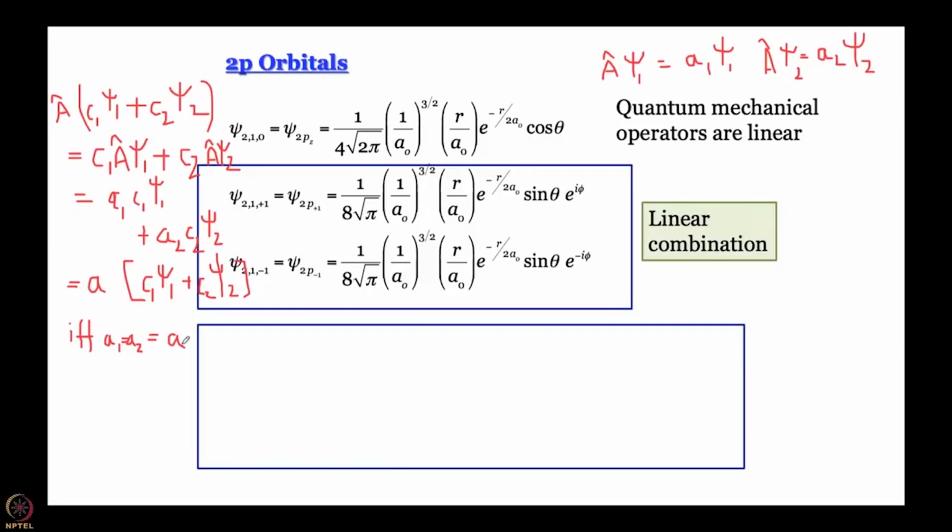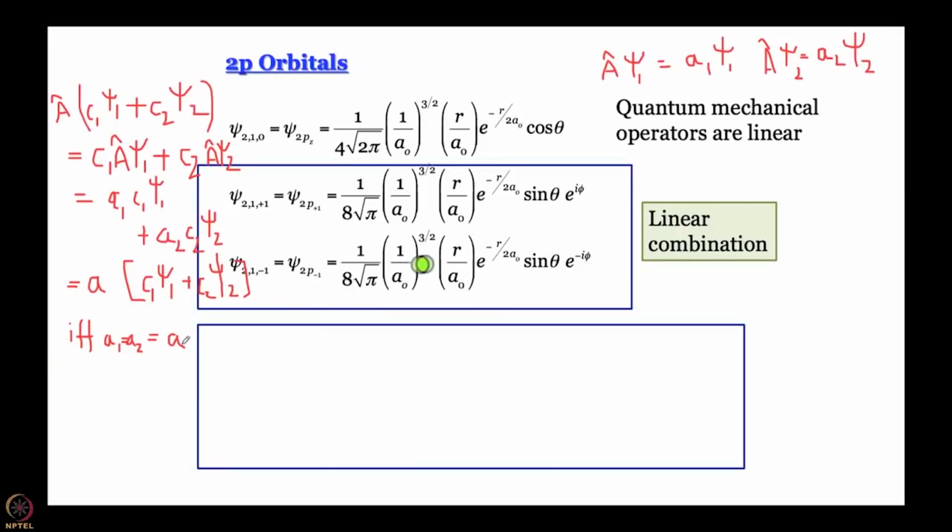If you remember, l and m do not make any contribution to energy for a one electron system, it is n all the way. So, these two, psi plus 1 and psi minus 1, these p orbitals actually satisfy the condition that they have the same eigenvalues.